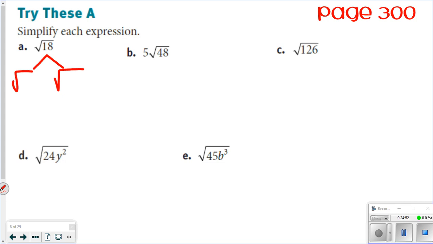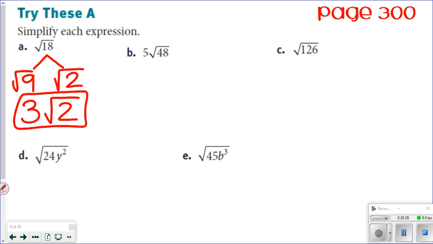The first one is the largest perfect square that 18 is divisible by. So it would be 9 times 2 gives us 18, or 18 divided by 9 is 2. Take the square root of the perfect square, which is 9, and the square root of 9 is 3. Leave the leftover, and that's my final answer.